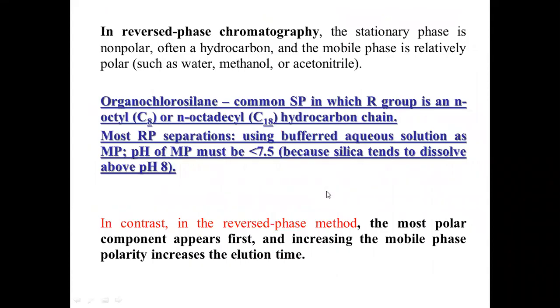In reverse phase chromatography, it is very simple. As I showed during the presentation of the structure of the stationary phase, in the disilyl ether stationary phase there was a substituent R. If that R was an octyl C8 or octadecyl group, the stationary phase will become completely non-polar.